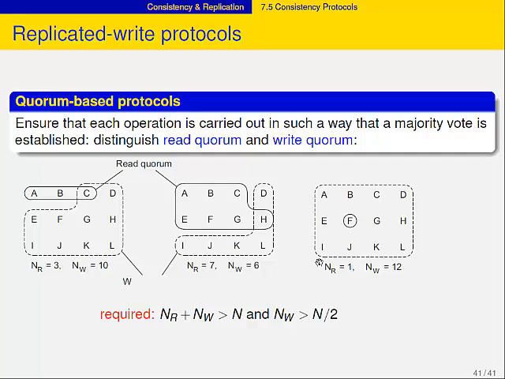Now this is a special case. This is always where I get a bit agitated, not for very good reason actually. So my write set is now 12, it's all of the servers, and my read set always consists of one. This is called ROWA. It's just another term. Read one, write all.